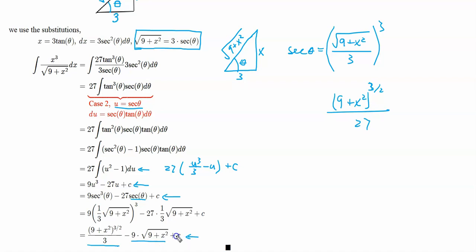And then plus c, and finally here is our answer. So that is the antiderivative right here of x cubed divided by the square root of 9 plus x squared. There you go. That's how we have to do that problem. Let's take a look at another example.